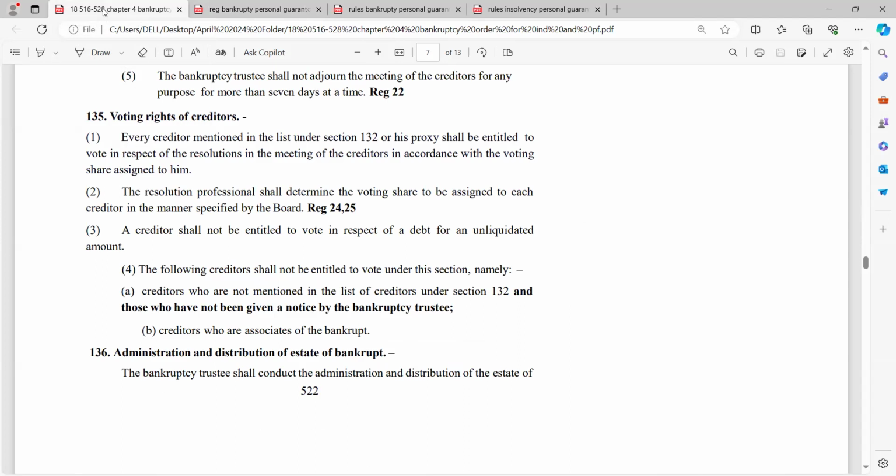Now, voting rights of creditors, section 135. Every creditor mentioned in the list under section 132 or his proxy shall be entitled to vote in respect of the resolutions in the meeting of the creditors in accordance with the voting share assigned to him. The resolution professional shall determine the voting share to be assigned to each creditor in the manner specified by the board.